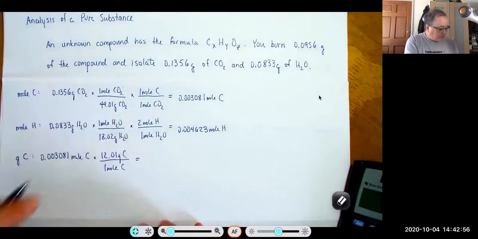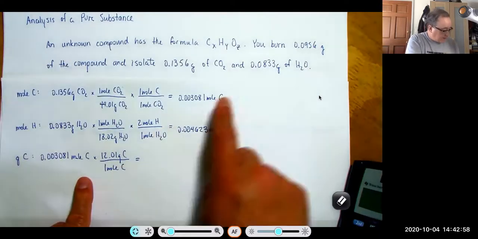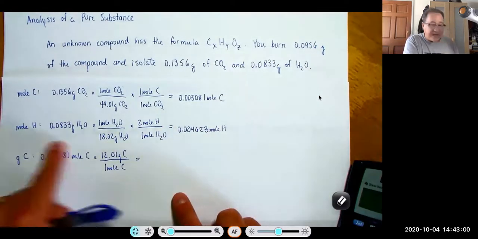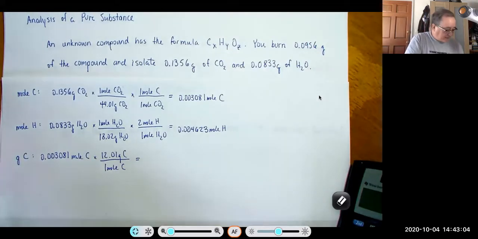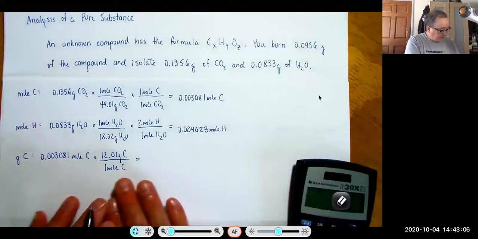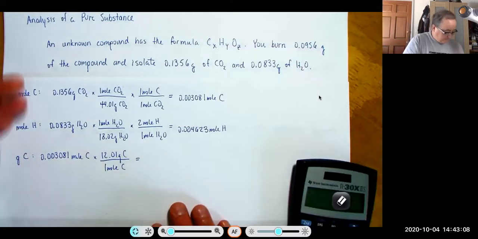So the only difference between writing this up here and writing this down here is I've written this extra amount of material, which takes 10 seconds. So that's not a waste of time because it's very neat. You can see what I'm calculating here.